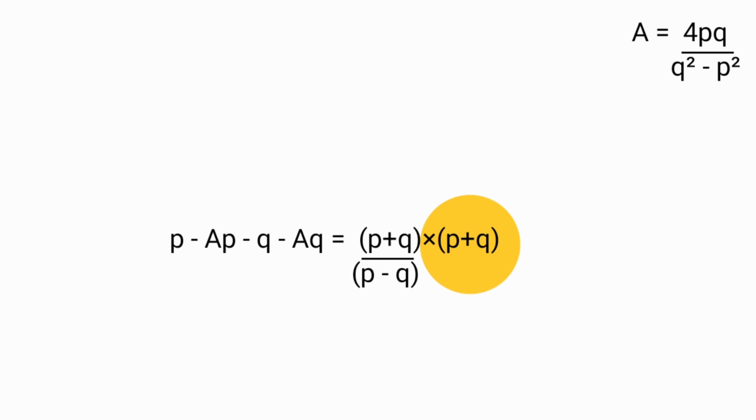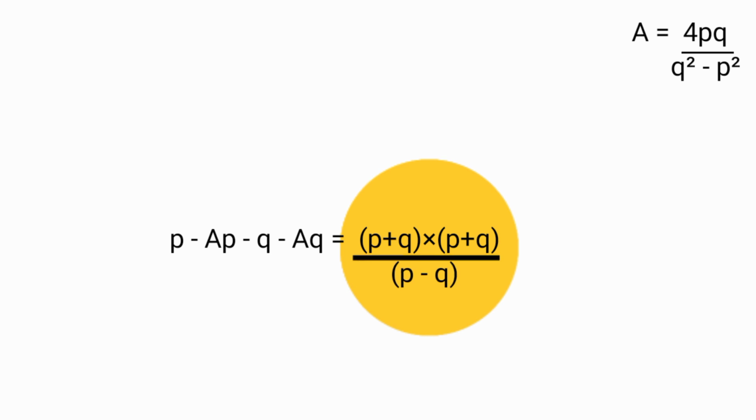Here p plus q is the same as p plus q over 1, so (p plus q) over (p minus q) times (p plus q) over 1. Now multiplying them, we are going to have (p plus q) times (p plus q) all over p minus q.